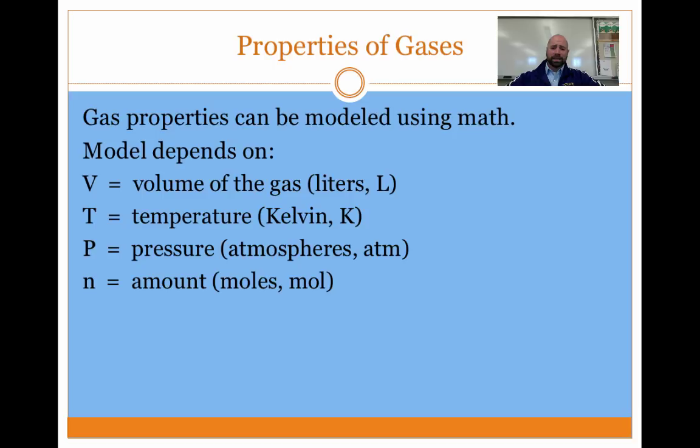That was a really easy example, just to show how I could count them. Lots of times gas molecules are very, very small, so we use a unit called the mole to help us count the amount of gas that we have. That one's not going to be as intuitive. If you notice, volume is represented by V, temperature is T, pressure is P, and for the amount of a gas, we use the letter N.